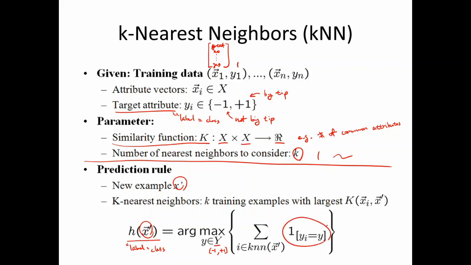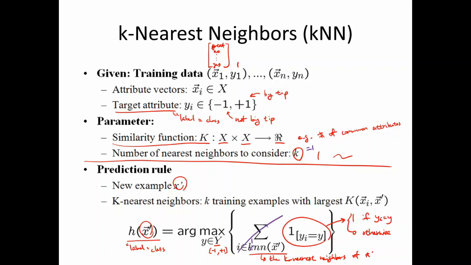And this indicator is a shortcut for saying the value is 1 if yi is y and 0 otherwise. And this is the k nearest neighbors of x prime. So we're basically figuring out how many of the k nearest neighbors have label y. So for example, if k is 1, we actually have nothing to sum over.